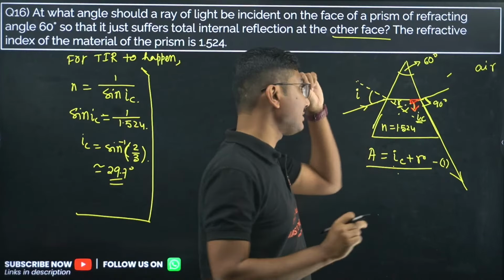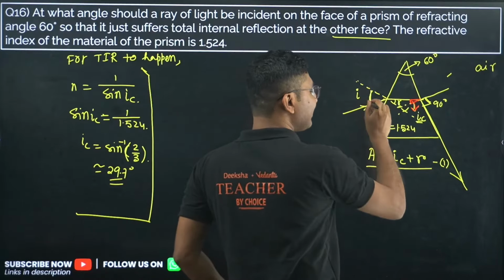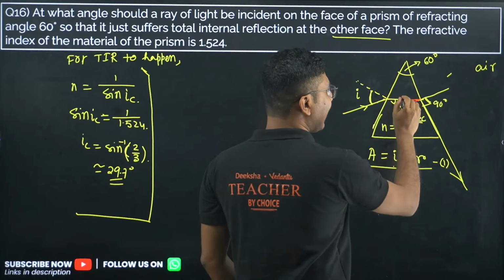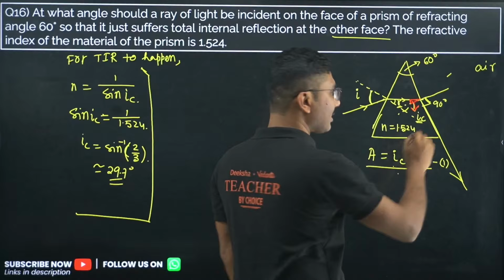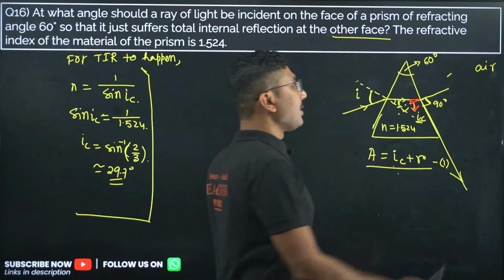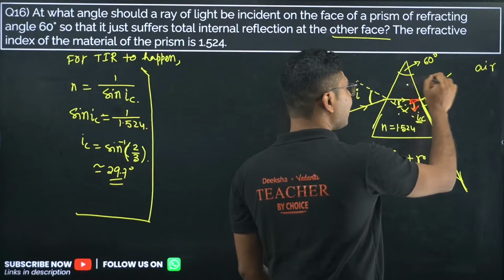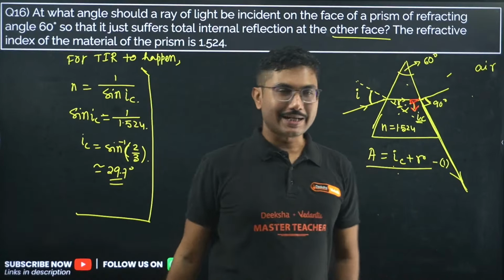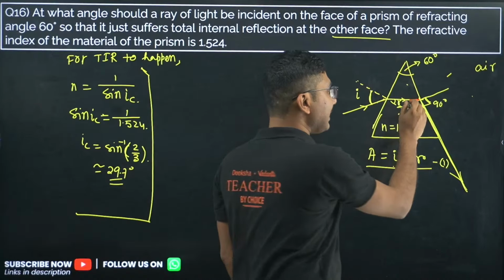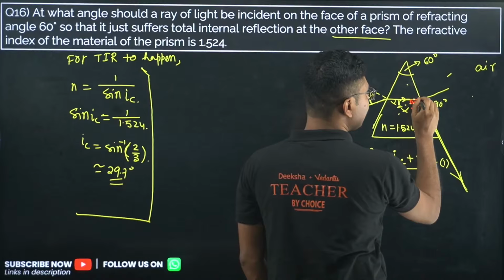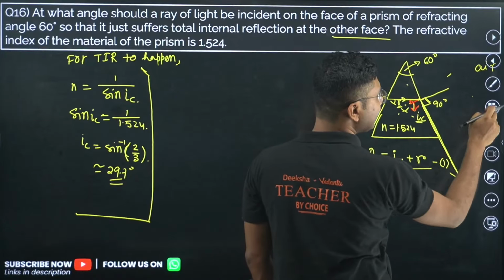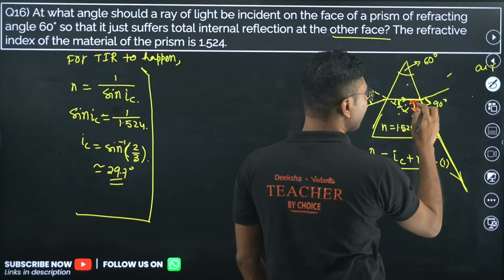Critical case means where the angle of incidence is such that the ray, when it is falling on the other half of the prism, is passing exactly between the glass medium and air medium. That is actually the critical angle. So the incident angle on this surface must be equal to the critical angle.